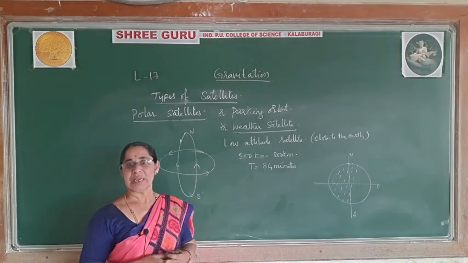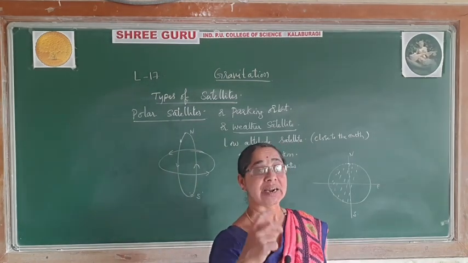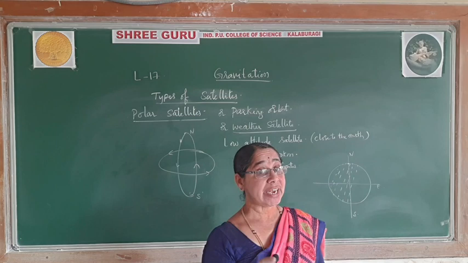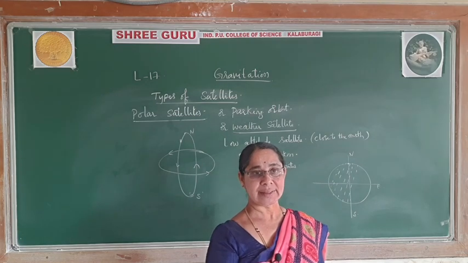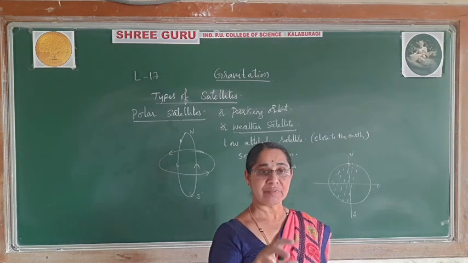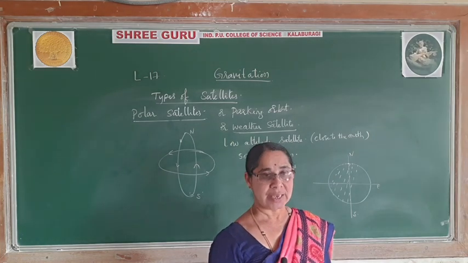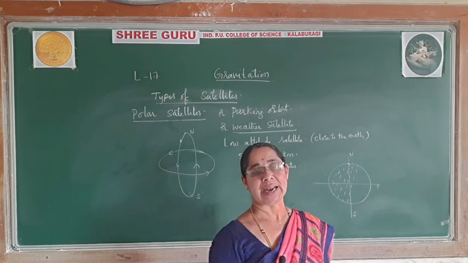Suppose at some positions you want surveillance for uranium deposits deep inside the earth, that photograph will be taken, due to which the exact position of the uranium deposition can be explained by using these satellites.